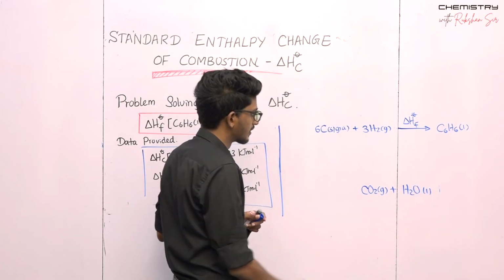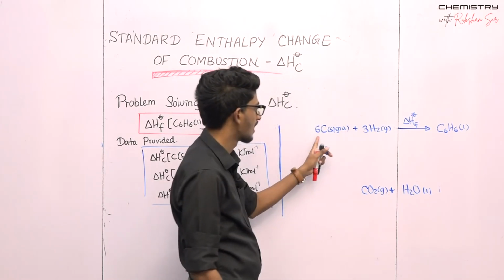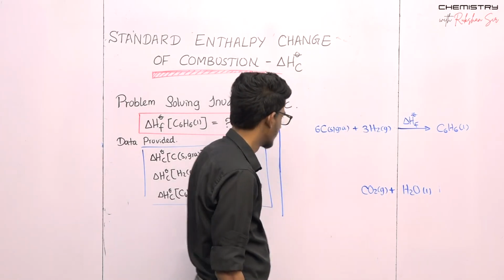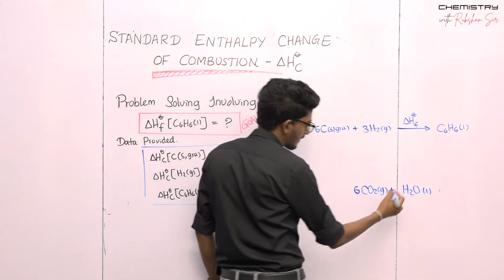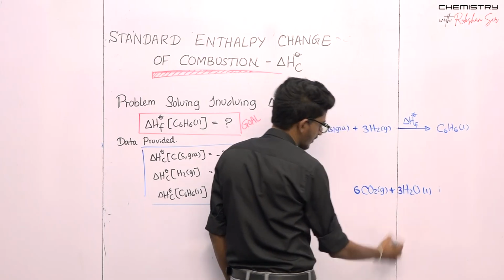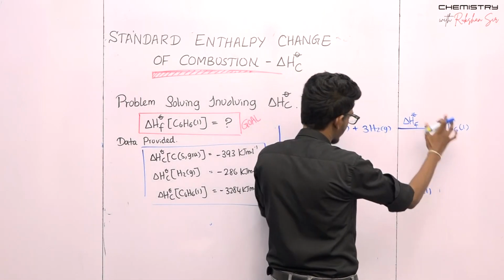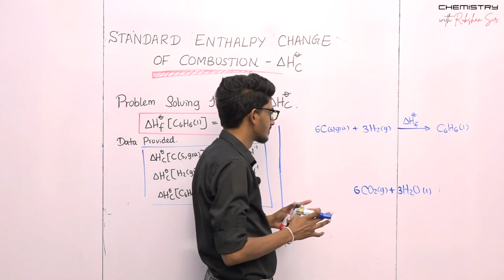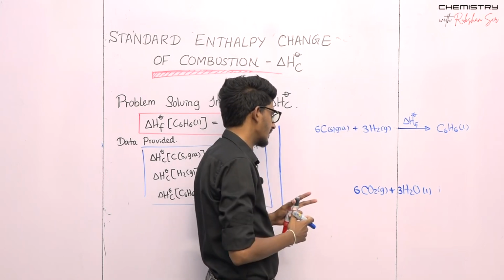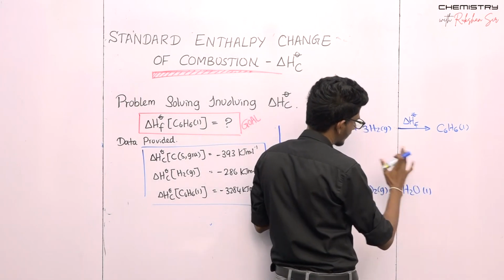You have to balance this. As your system contains 6 carbon atoms and 6 hydrogen atoms, there should be 6 CO2 molecules and 3 H2O liquid molecules, right? Because in a thermochemical cycle, we are representing different states of the same closed system.